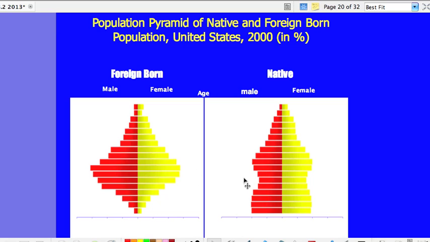This would make this area go out a little bit bigger, and so look maybe more like a stage 3. So the foreign-born definitely affect the population pyramid in the United States, making it much broader in the working population.